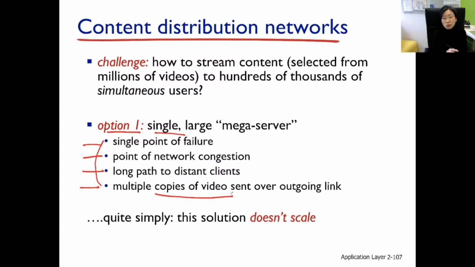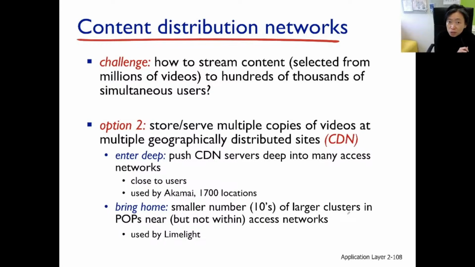Users might be requesting popular videos, which means we are sending multiple copies of the same video over and over again. Right? Not a very thrifty way of using the network resource. A solution like this definitely does not scale. This is very clear.